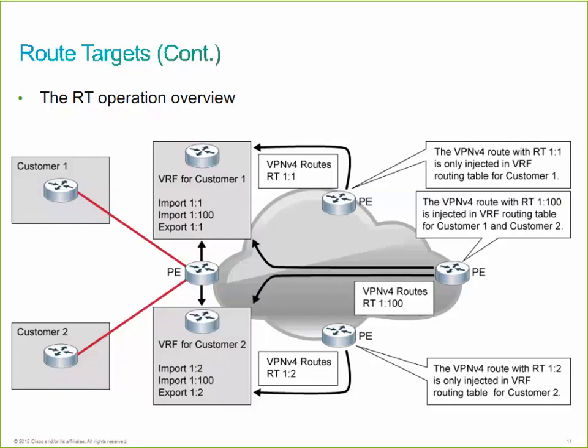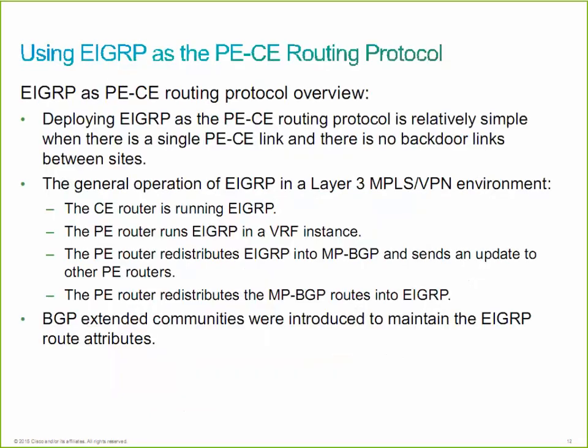Again, we don't get to see the specific configurations because that's part of another class, but at least you understand at a high level how these routes are exchanged between different clients or different VPNs. That's ultimately what it boils down to. They're just separate VPNs.